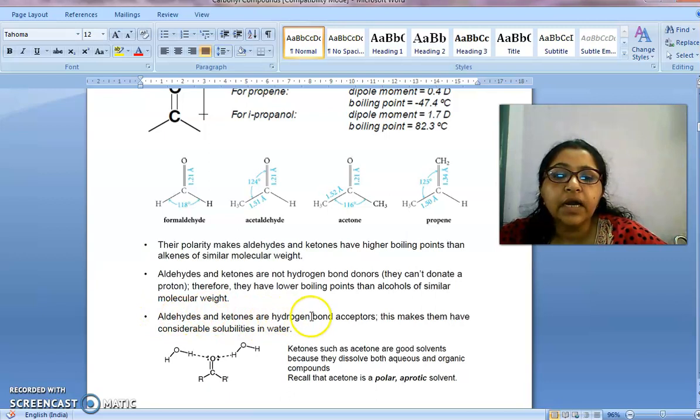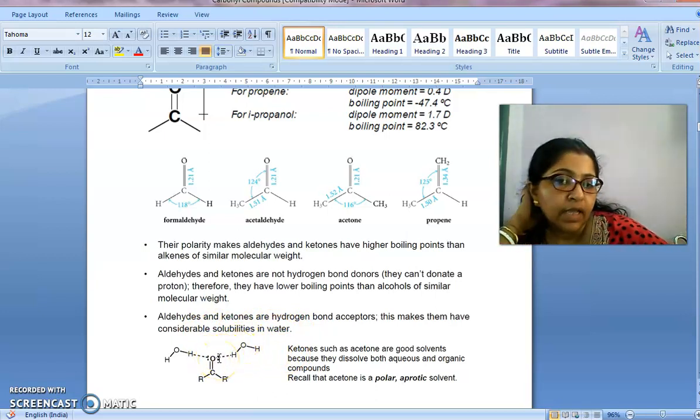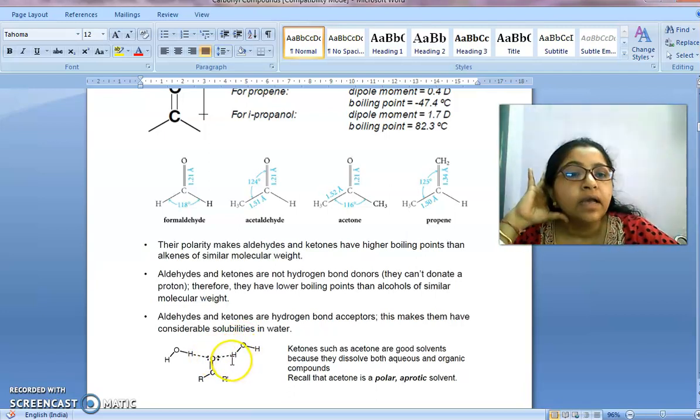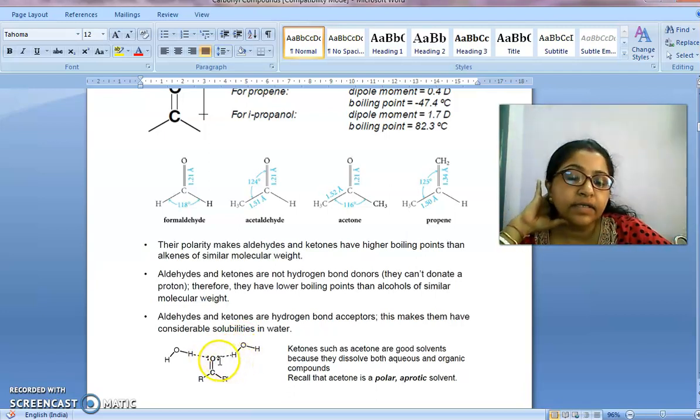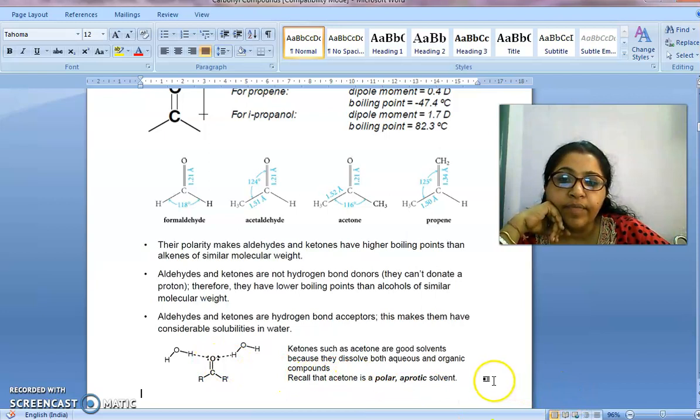Aldehydes and ketones are hydrogen bond acceptors. This gives them considerable solubility in water. The hydrogen of water can be accepted because of the presence of oxygen, and therefore they are able to make themselves soluble in water.